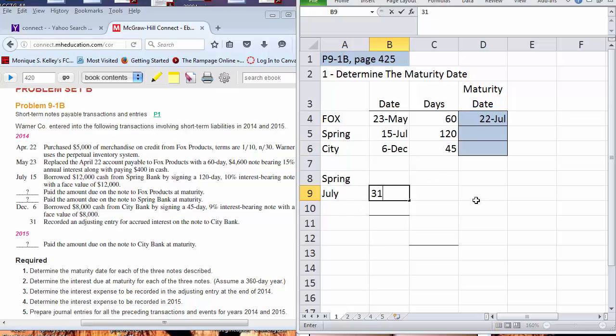Since it was on the 15th, these are 16 days we're using up in July. Next month is August, and then September. September has 30 days, and our running total is going up.